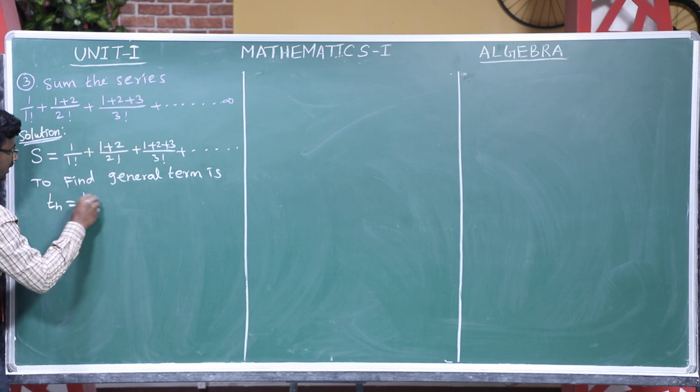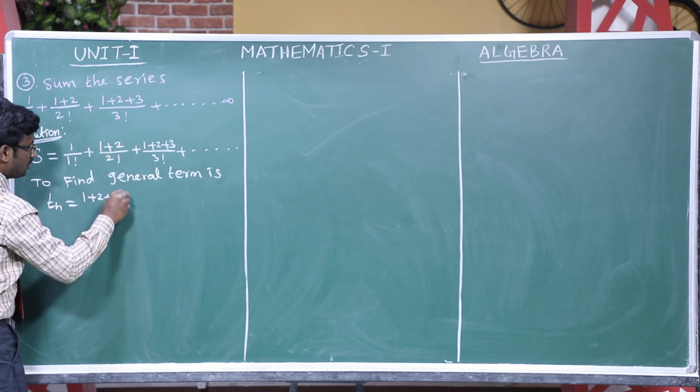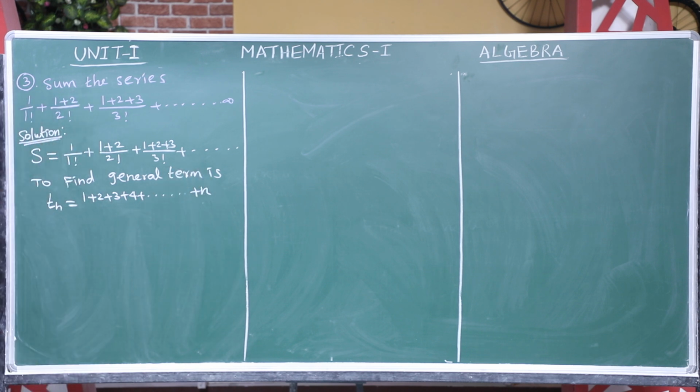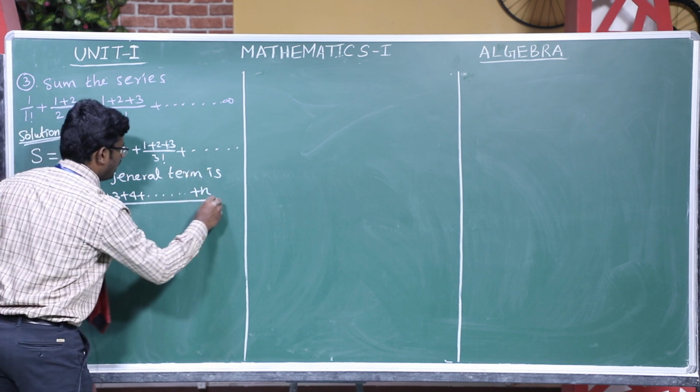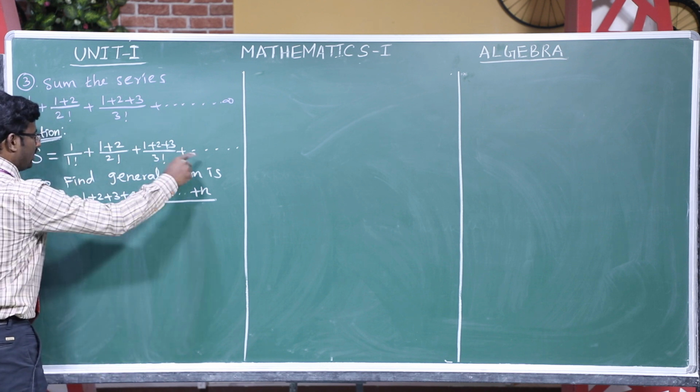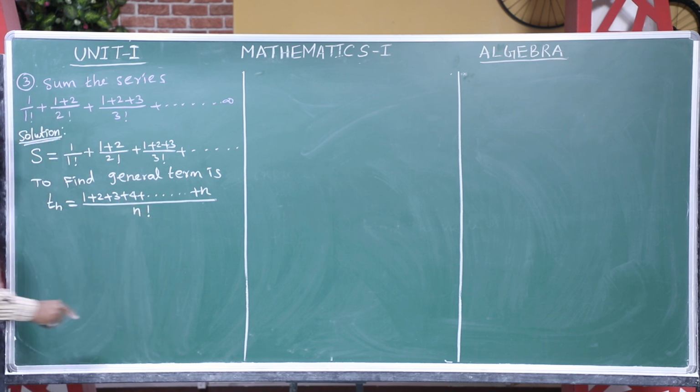In the denominator, 1 means 1 factorial, 1 plus 2 means 2 factorial, 1 plus 2 plus 3 means 3 factorial, so the last term is n factorial.